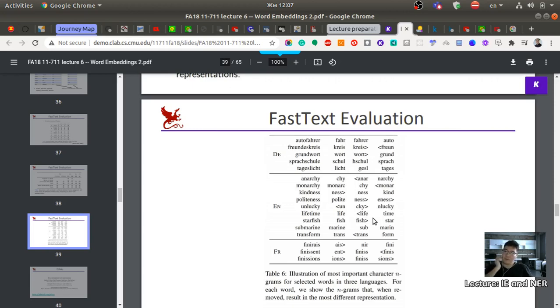But for example, people names, they may be in the training set, you may not have the word.